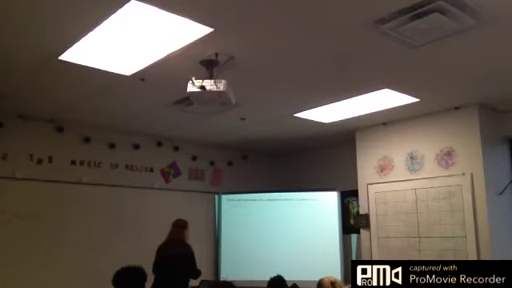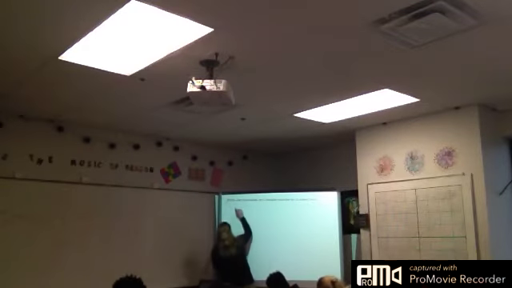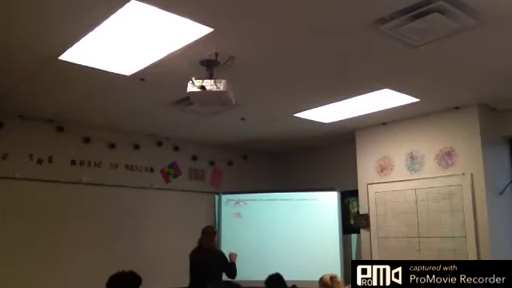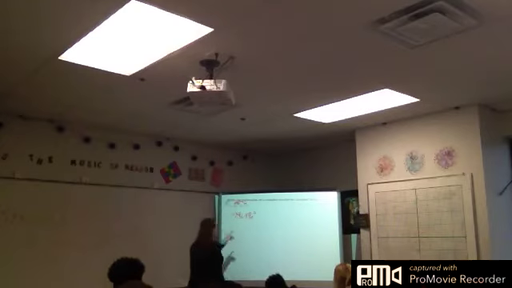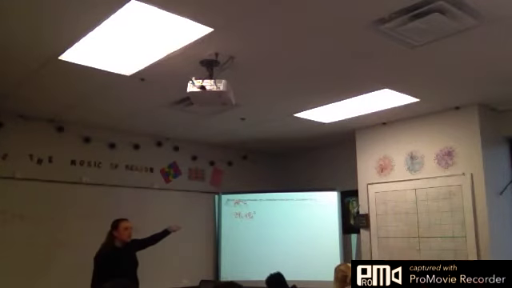It says 4i times (negative 6 plus i). Distribute. Good. We're going to distribute. What is 4i times negative 6? Negative 24i. What is 4i times i? 4i squared. Okay, now here's where this comes into play. When you see i squared, what do you know that is? Negative 1.